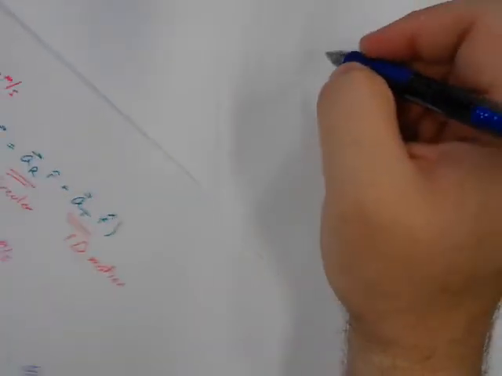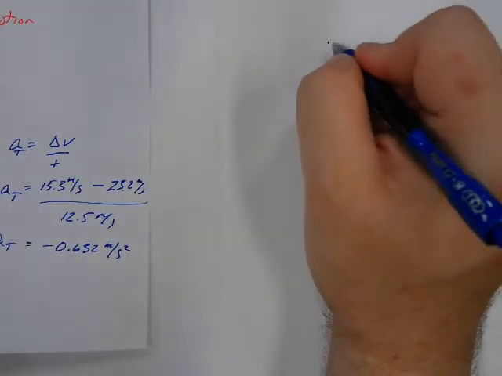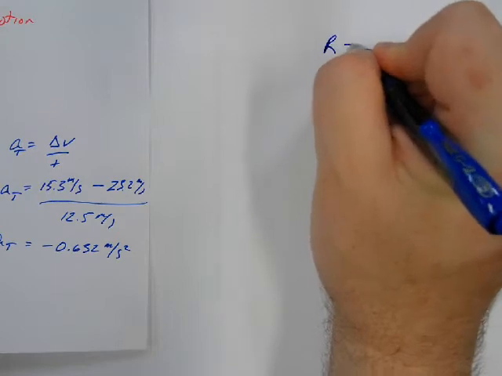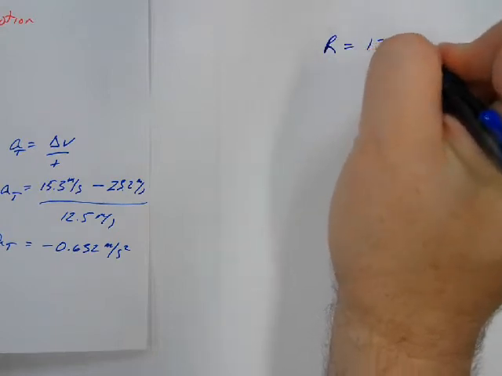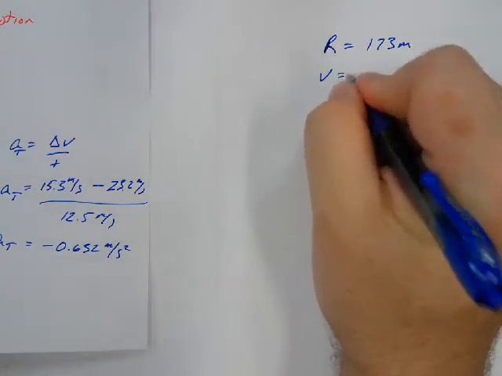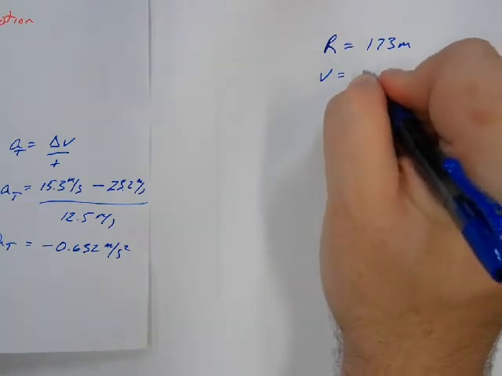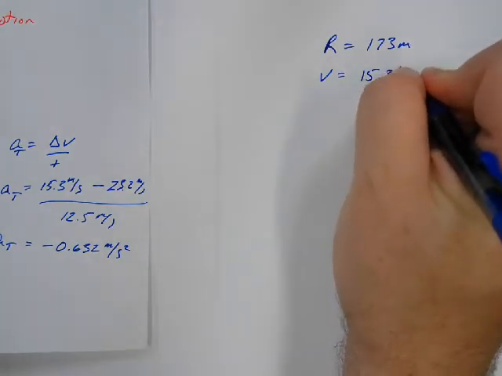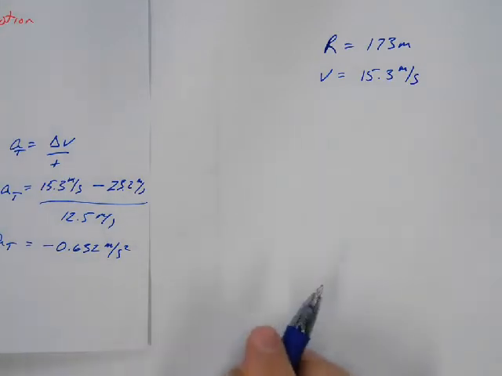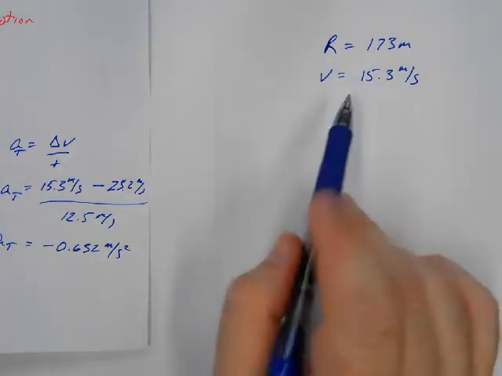So when we organize our information, it's going to be, right, our radius is 173 meters and our velocity is 15.3 meters per second.